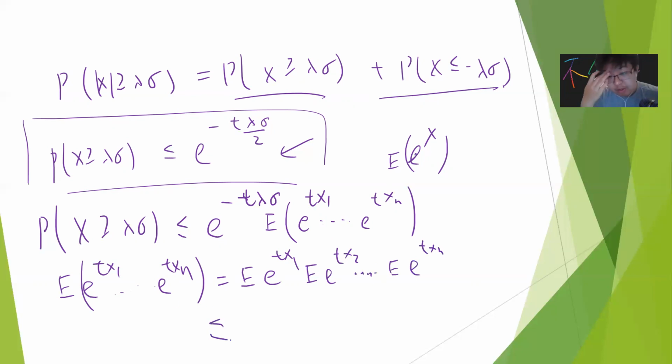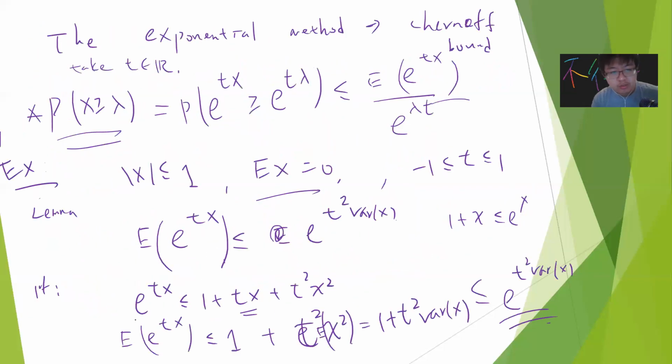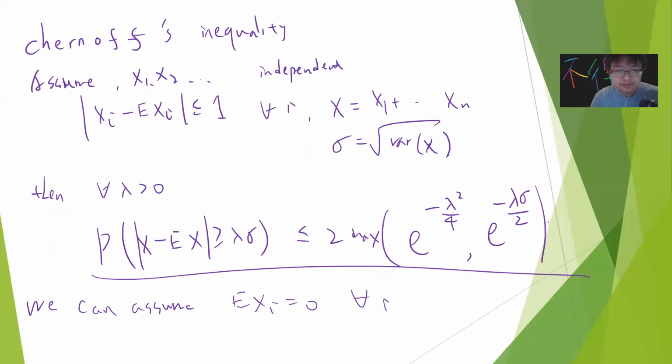This is bounded by the previous idea, where I proved that the expectation value of exponential tx is less than or equal to exponential t squared variance of x.